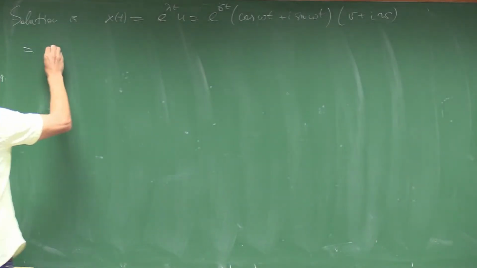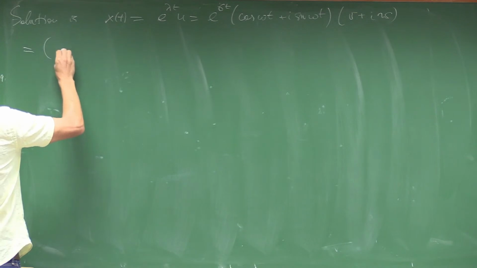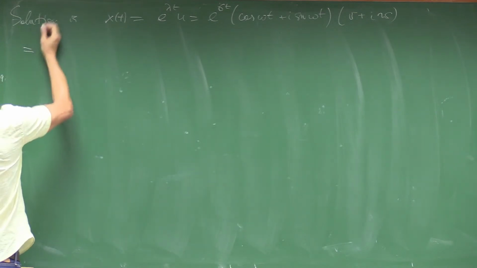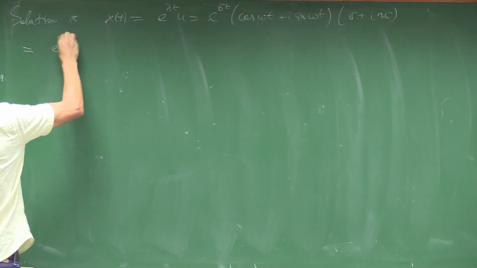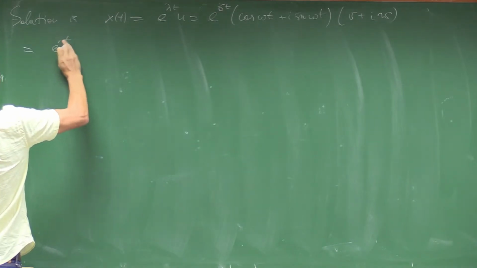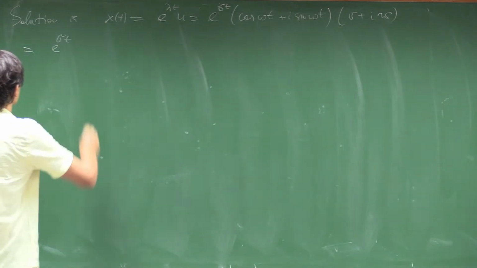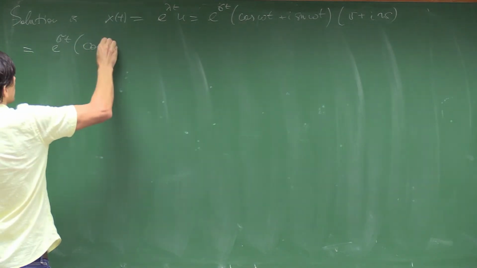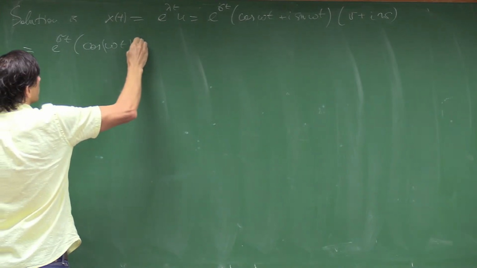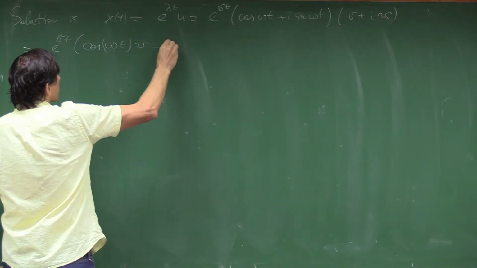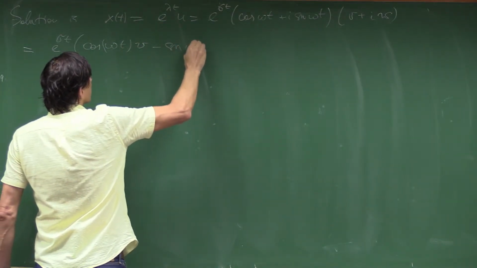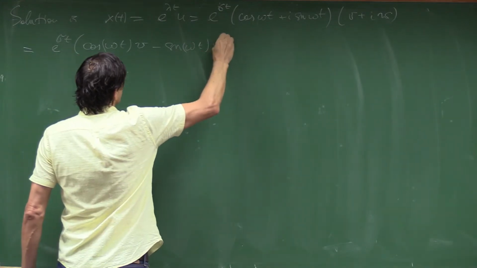So you have e to the sigma t times (cosine omega t v minus sine omega t w).